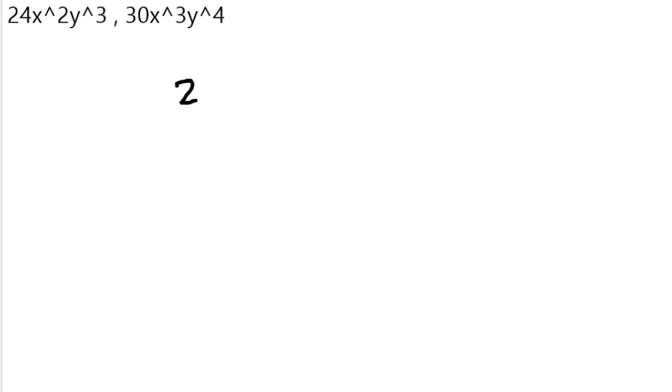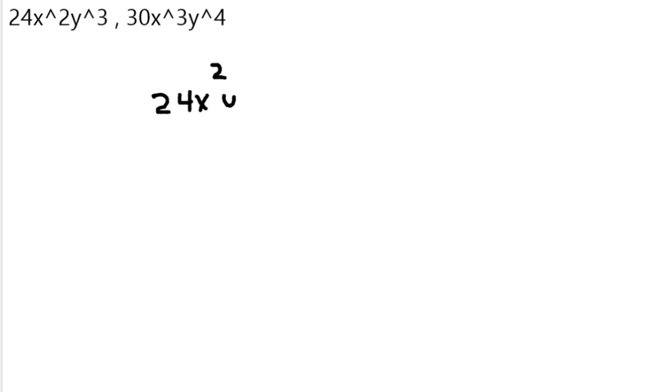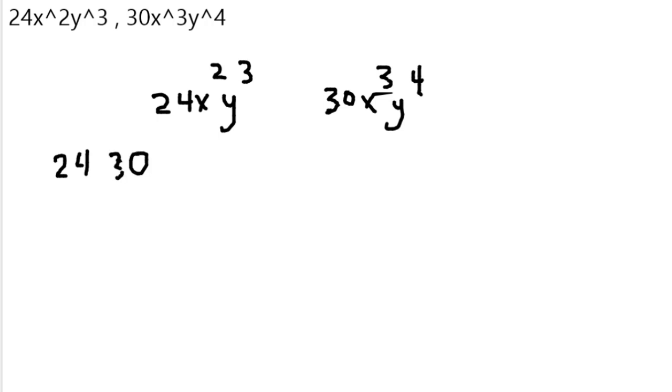Now let's try this one: 24x squared y cubed and 30x cubed y raised to the 4th power. Let's find the greatest common factor of the coefficients first. We have 24 and 30. 24 can be 6 and 4 or 8 and 3.